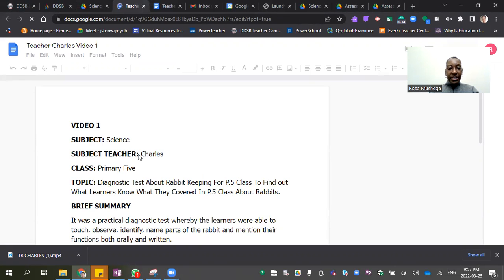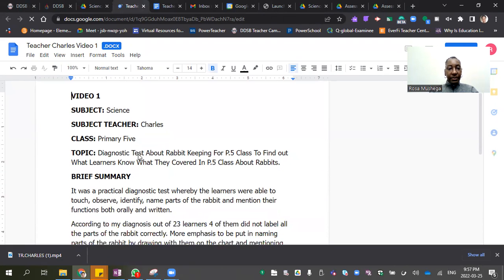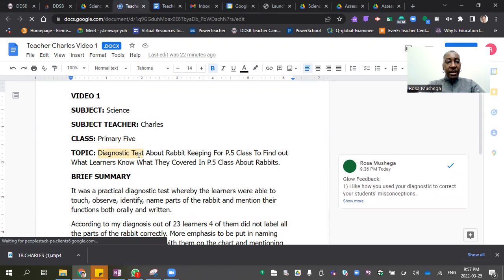Okay, so right here we have a write-up of Teacher Charles's diagnostic. It is a diagnostic done with a primary 5 class, and his diagnostic is based on rabbit keeping for that P5 class.